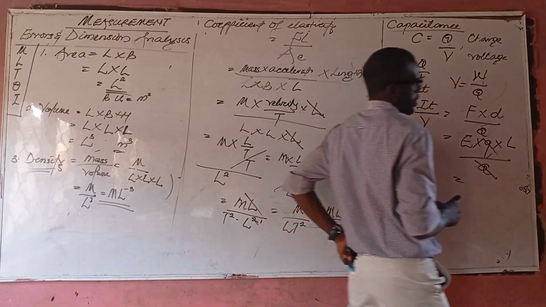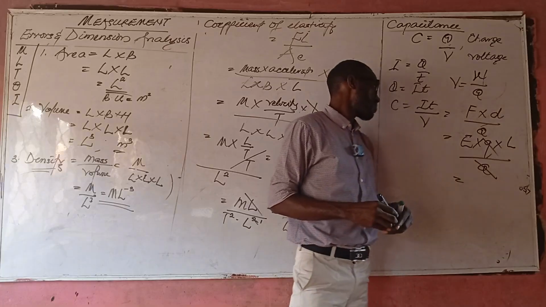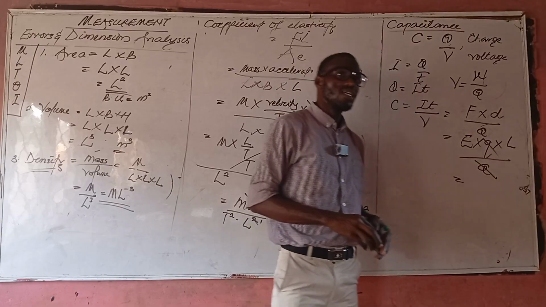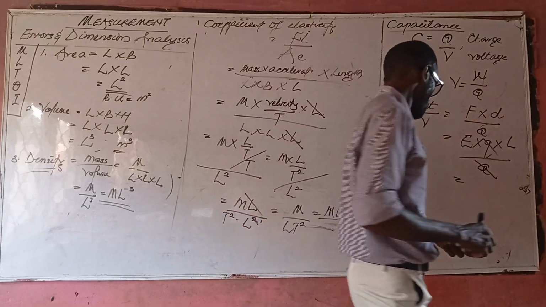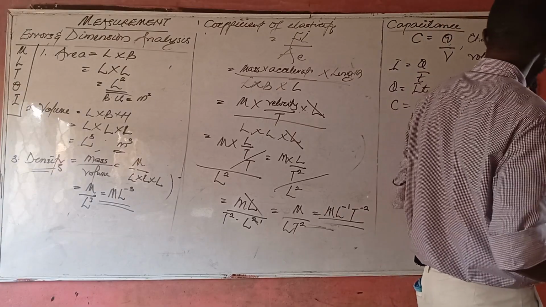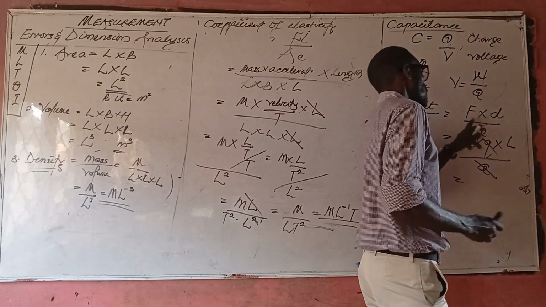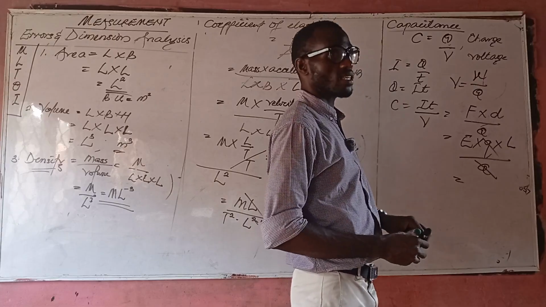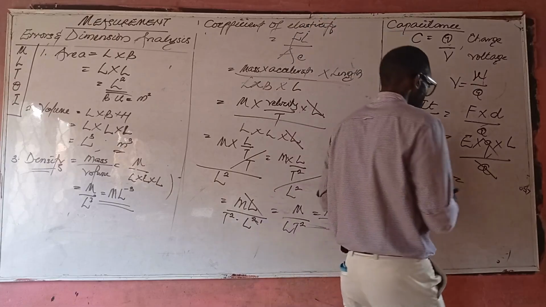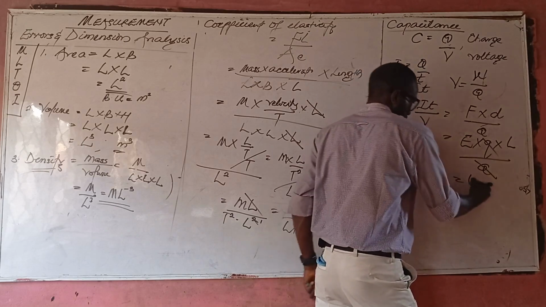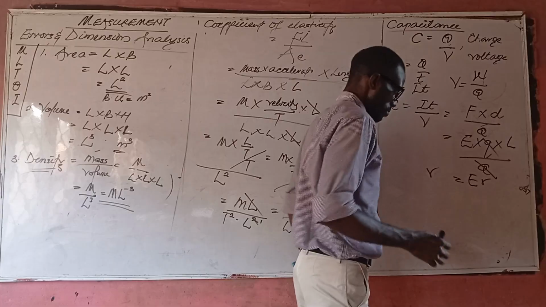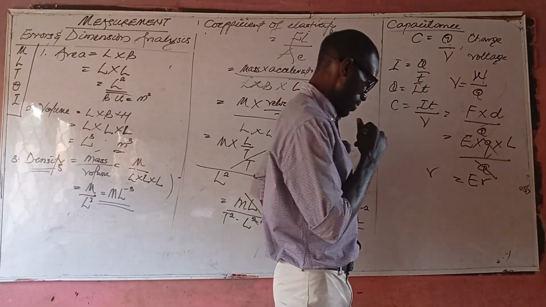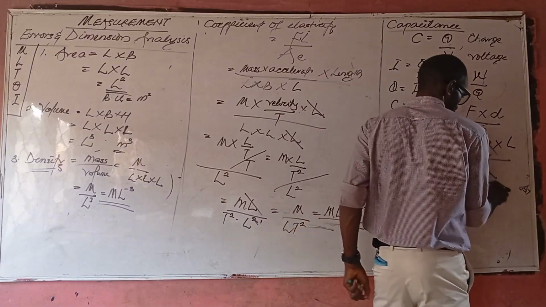What is the dimension for E? V is now E L, right?